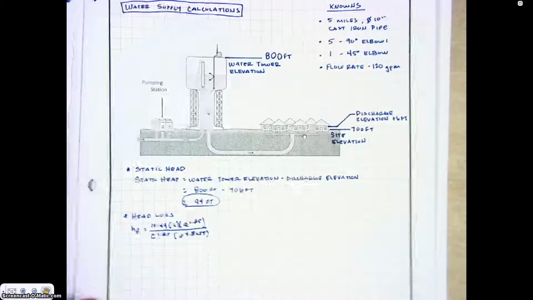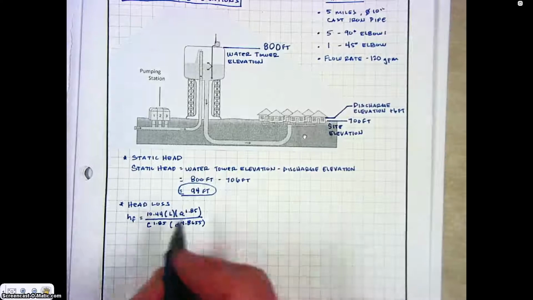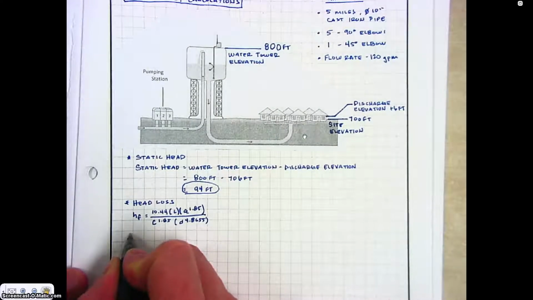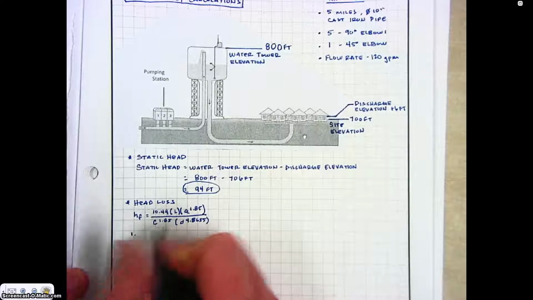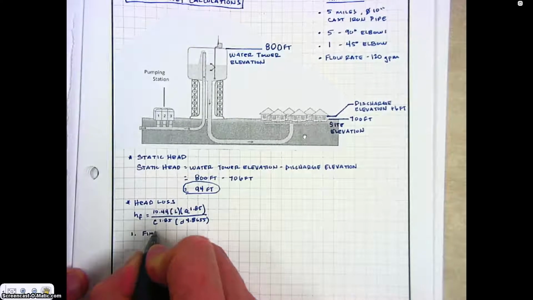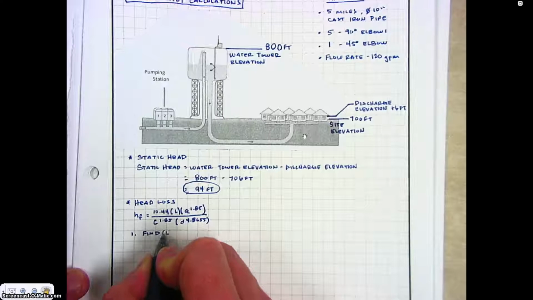All right. The first thing that we need to do is figure out our length of pipe in feet. That's going to be step number 1 for calculating head loss. So we'll write find L.